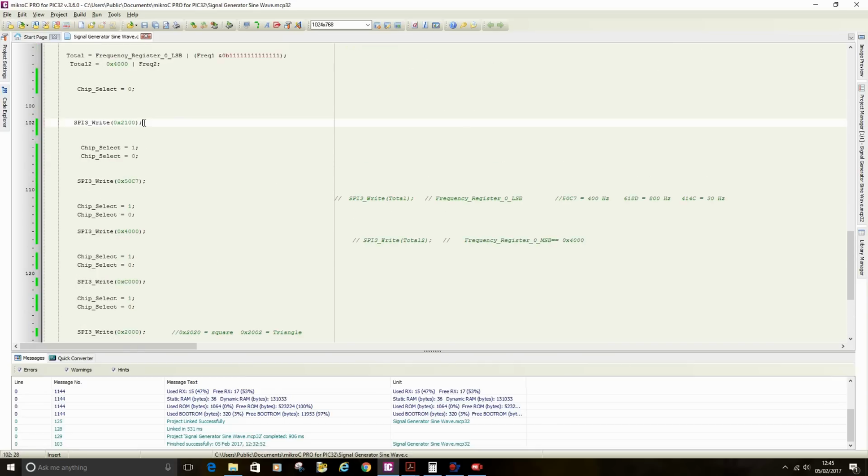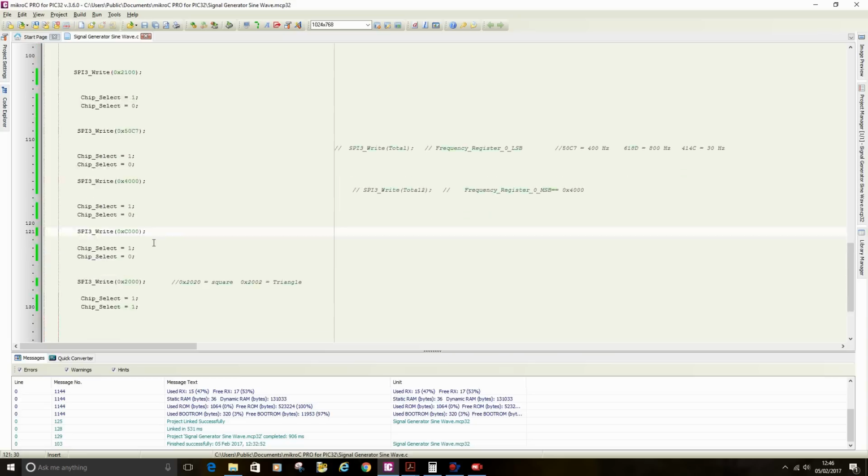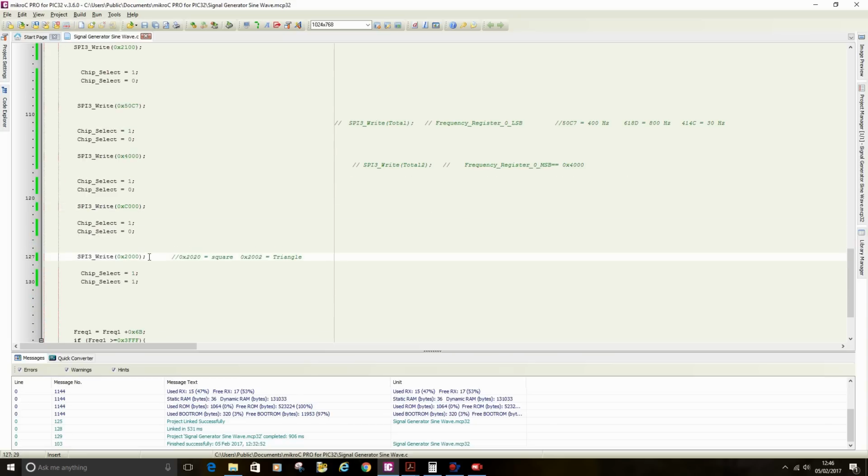There's the example, so that's the start, that's the frequency least significant byte, most significant byte is empty, phase shift, and that's exit. And I've got some notes there. Look, 2020 gives you a square wave, 2002 gives you a triangle, 2000 gives you a sine wave. So if I can pull up the scope, did this once. I came down one morning, turned it on, and I had 400 hertz. The rest of the time, it was all just nonsense on the screen.